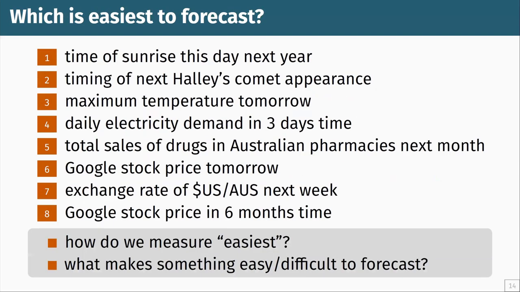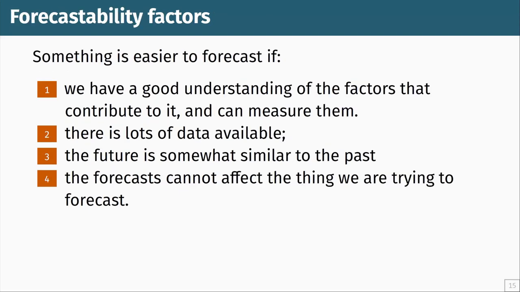Whereas you look at the bottom of the list, Google stock price in 6 months' time, we don't have a good understanding of the factors that contribute to it. There's a lot of psychology and sort of inherent uncertainty in stock prices that's difficult to measure. There is plenty of data though. Number 2 is not a problem. The future may not be similar to the past.